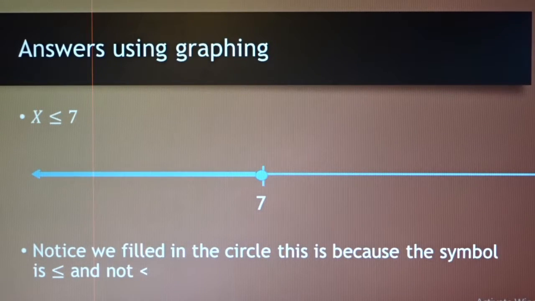And then I have a circle at 7, and my circle is shaded in. It's filled in with color. That's not an accident. We filled in the circle because of that equal to sign. If there was no equal to underneath that inequality, we would have left an open circle, not colored in.